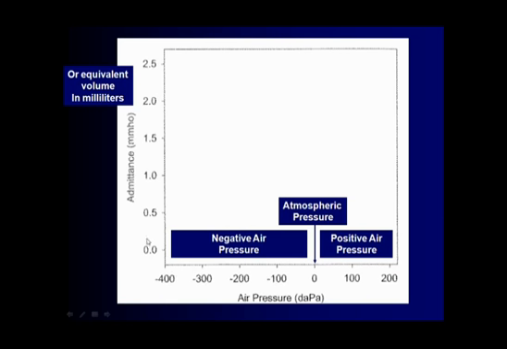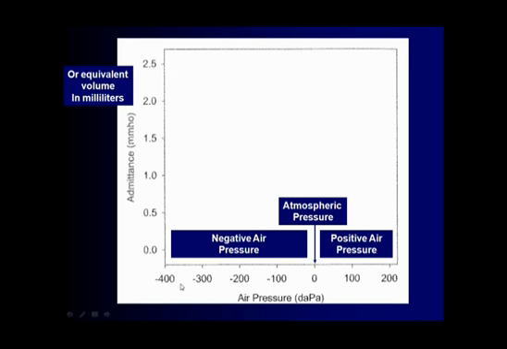The y-axis represents admittance, or the flow of energy into the middle ear, measured in millimhos, or an equivalent volume in milliliters. We plot how admittance changes as a function of the pressure. As pressure changes, admittance will change in a healthy ear, and that's what we're going to measure.